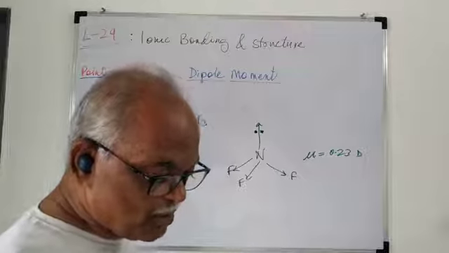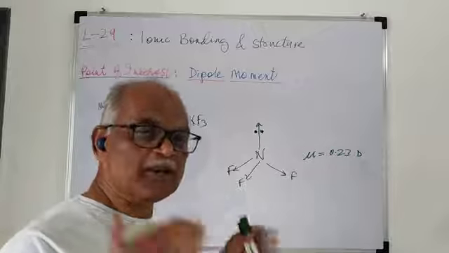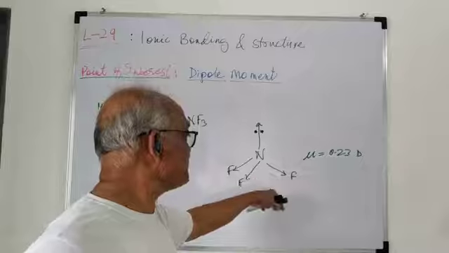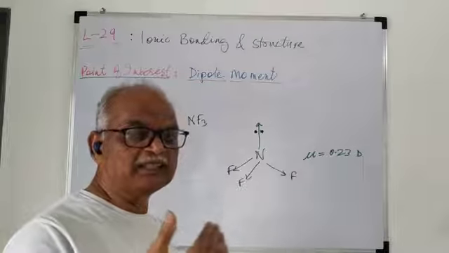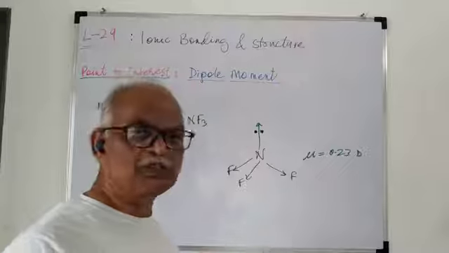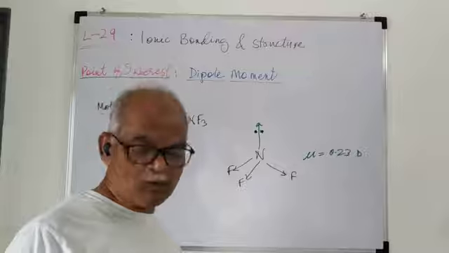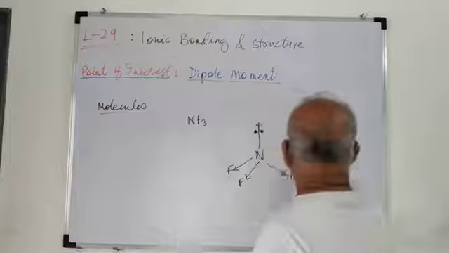This shows that the dipole moments of the individual bonds are different, and when these vectors work in opposite directions to each other, they show a reduction in the net dipole moment of the molecule.